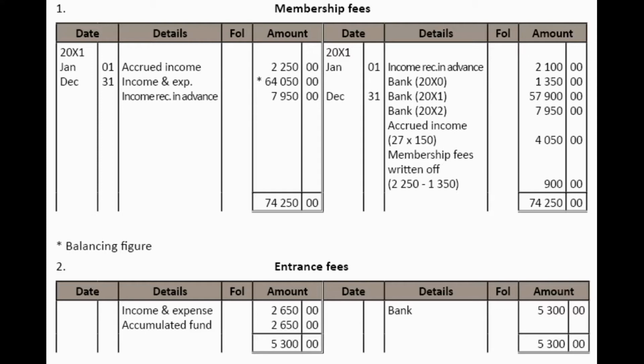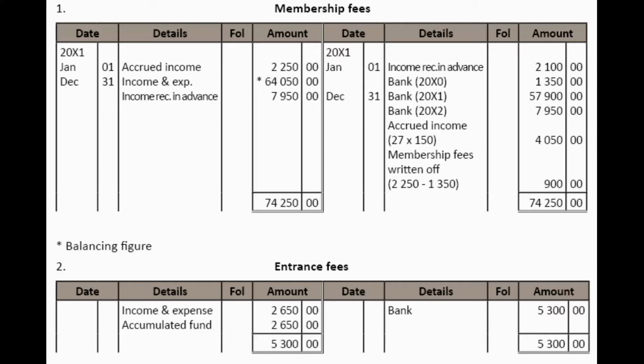Okay, so let's do the other adjustments. I'm just going to show you the double entry in the ledger accounts for the adjustments. Half of the entrance fees has to be capitalized, while the other half may be used for current income. You know that by now. Entrance fees has got an amount on the credit side. You get that amount from your payments and receipts. That was 5,300.